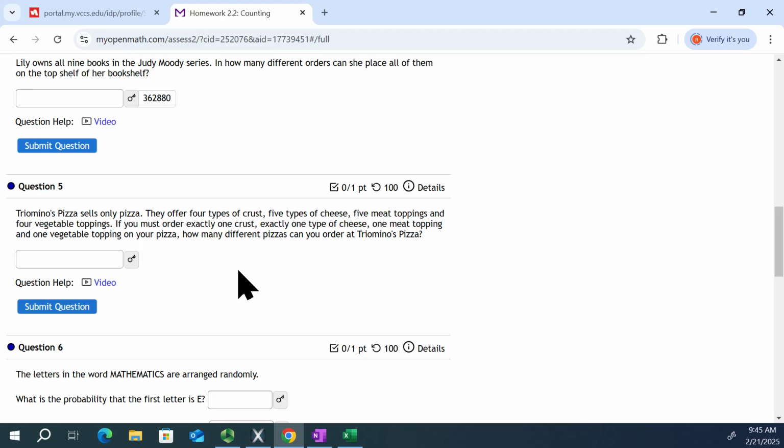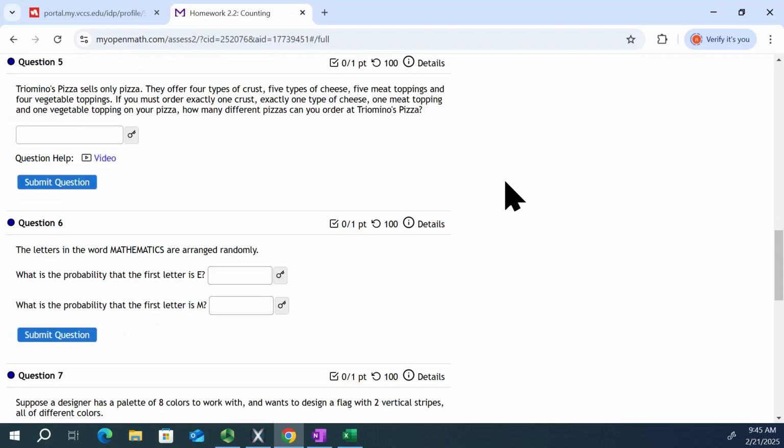Whatever you've got. This one is 4. There's 4 possibilities. 5 types of cheese. Any one of the 5 can go on any one of the 4 types of pizza crust. So this is 4 times 5 times 5 times 4, however many that is. And these things are probabilities. They're counting.